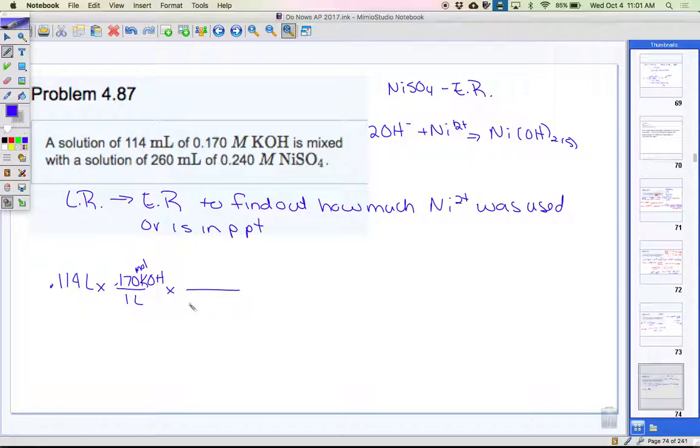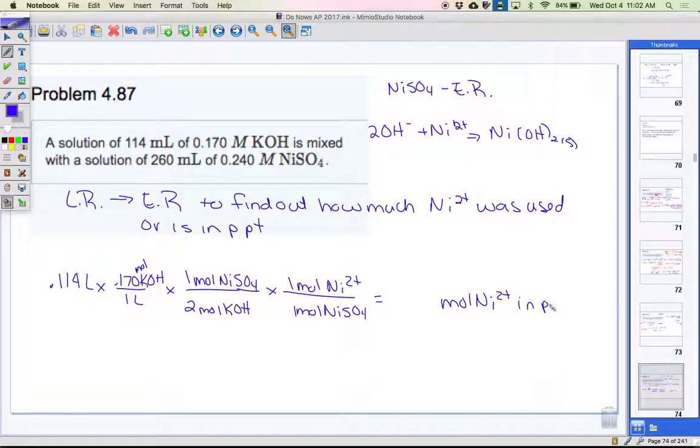In our balanced equation, for every 2 moles of KOH, we used 1 mole of nickel sulfate. And every nickel sulfate will provide 1 nickel ion. So this tells me how many moles of nickel ions are in the precipitate.